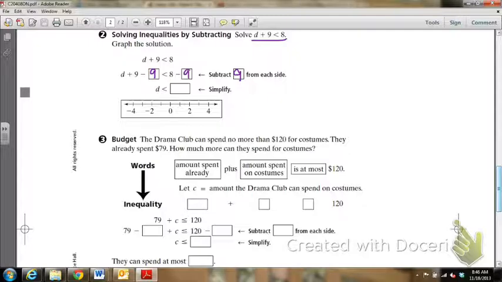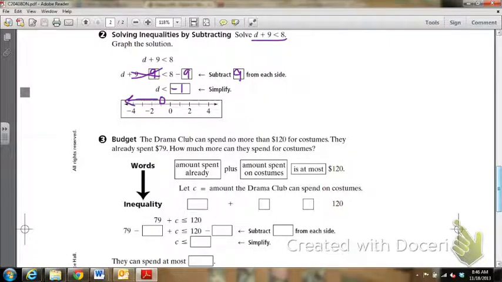Again, adding 9 and subtracting 9 are going to cancel out, and that's why we do it. Now we're just left with the d, and 8 minus 9 is negative 1. So d is less than negative 1. Now to graph this, I'm going to put an open circle at negative 1 because there's no line underneath, and d is less than negative 1 is all the numbers to the left.